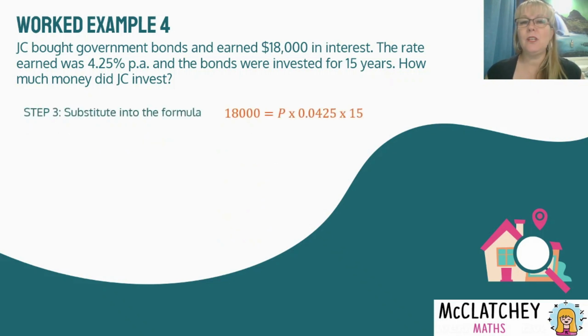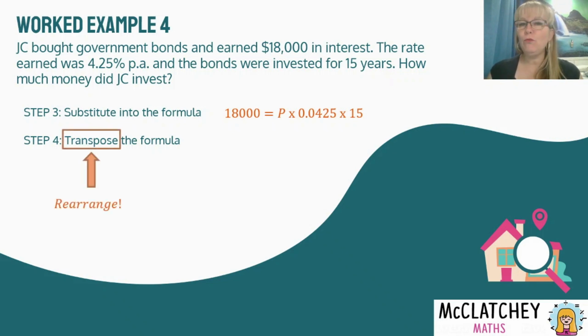So let's substitute it into our formula. Now you can see we've got an algebraic expression, 18,000 equals P times 0.0425 times 15. So we need to get P all by itself in order to be able to solve this problem. So what we're going to do is something called transposing the formula. Now, if you've never heard of the word transpose before, all that means is we're going to rearrange the equation and make P the subject.